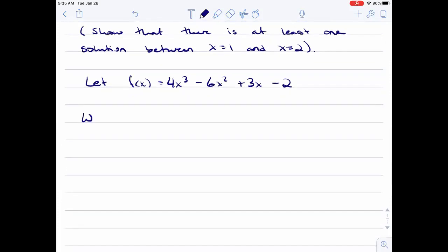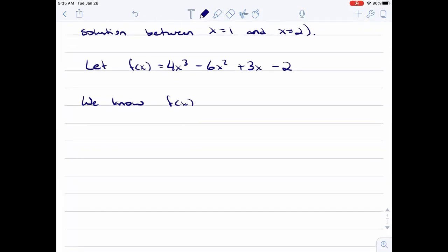And so we know f of x is continuous on all values of x, because it's a polynomial, one of those functions that are going to be continuous. And so it's definitely continuous between 1 and 2. So we know f of x is continuous on the interval 1, 2 inclusive because it is a polynomial.